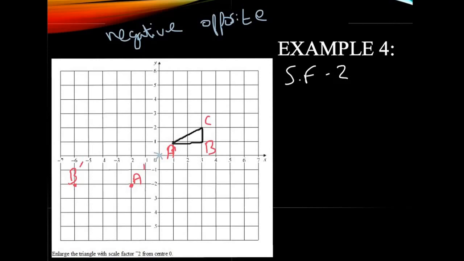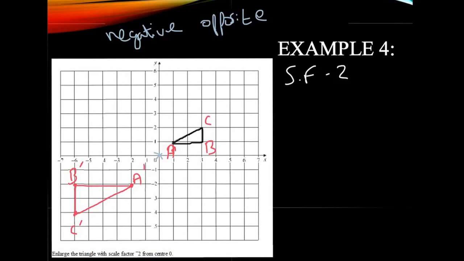Let's finish it off with C. C was 3 along and 2 up. So 3 to the right, 2 up, 6 to the left, 4 down. So the final point is going to be here. This is going to be C dashed, and my triangle has been enlarged like this.